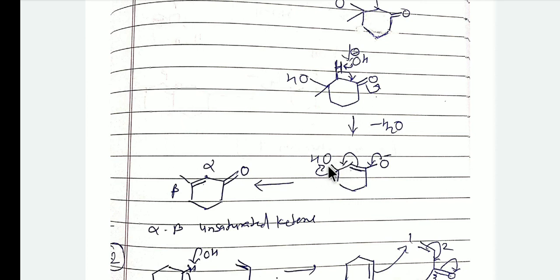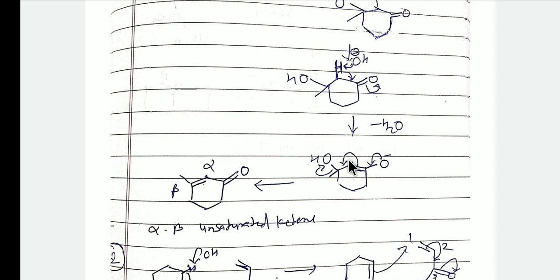At the same time, the OH is removed as OH minus. So this OH minus, in the presence of a proton, is removed as a water molecule, and the proton which is present in the ring here reacts with OH, so a water molecule is removed, and this carbon becomes positively charged.